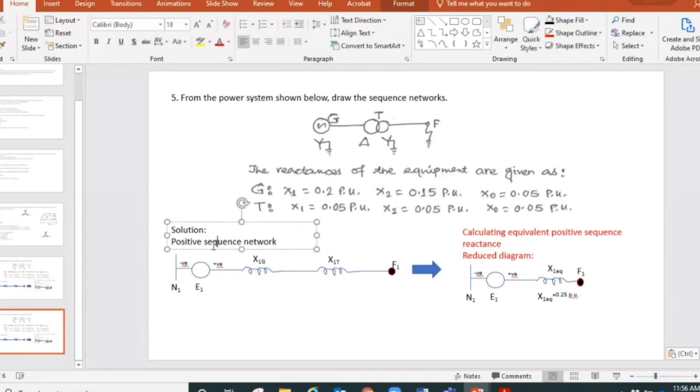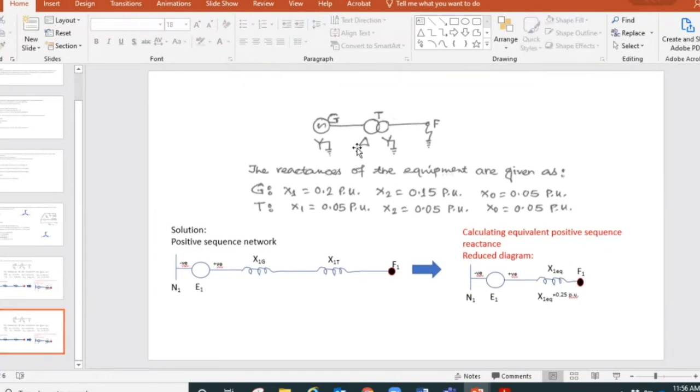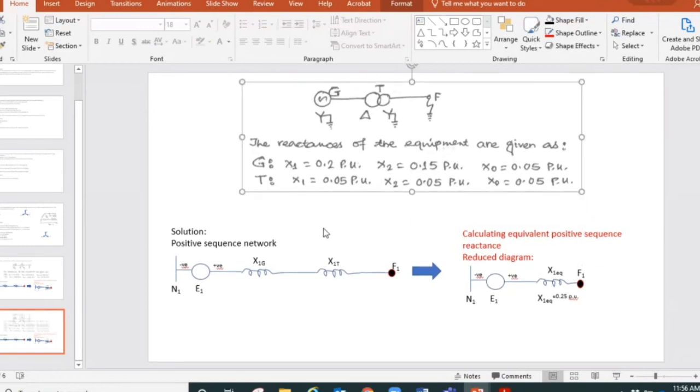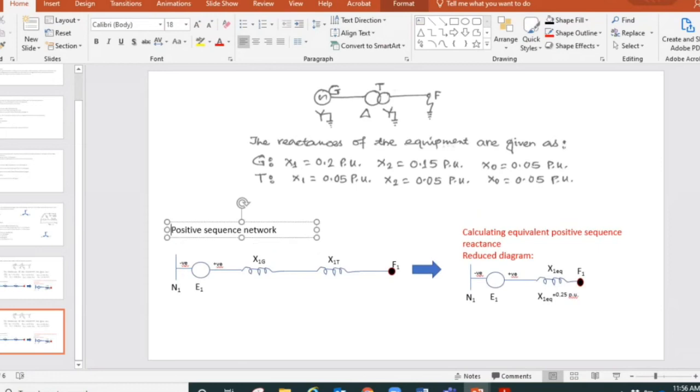So now we are coming to calculate. I kept this diagram so that we will need the values and looking at the system. So we are calculating the negative sequence reactance and negative sequence network drawing. For the negative sequence network there should not be any voltage source, so we will not need them.